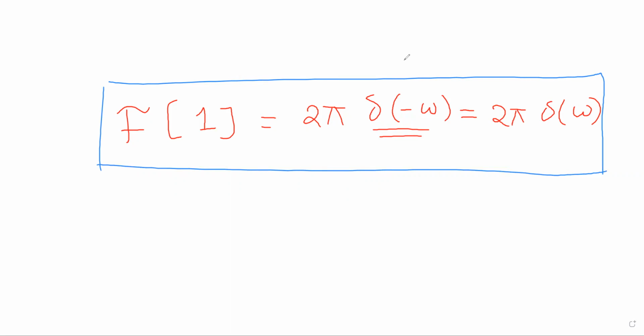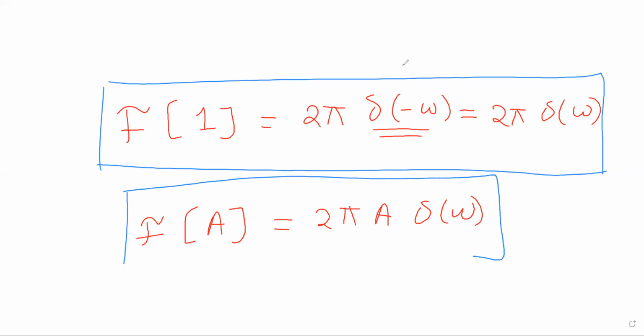Similarly, the Fourier transform of any constant a will be given by 2 pi into a delta omega. That is the Fourier transform of a given constant.